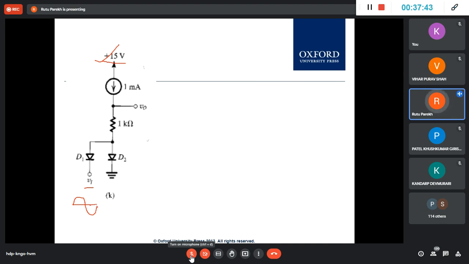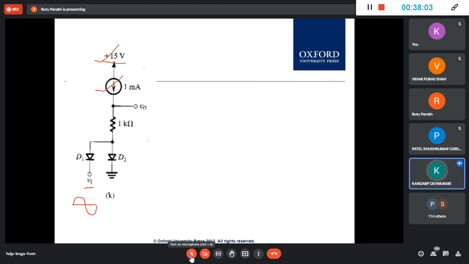But the thing here is, before you get into the positive half and negative half, you have to understand the circuit. And yeah, there is plus 15 volt and 1 milli, so what to do? Anybody any idea?